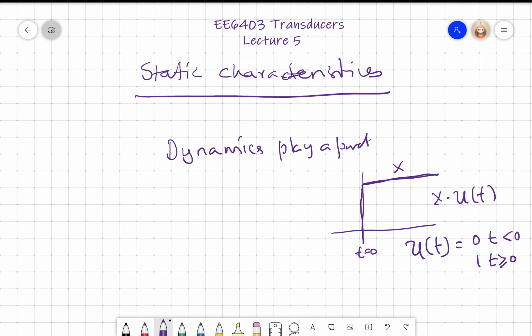So that's the unit step function. We already know this from our undergraduate studies.